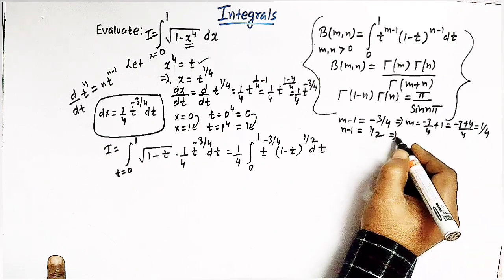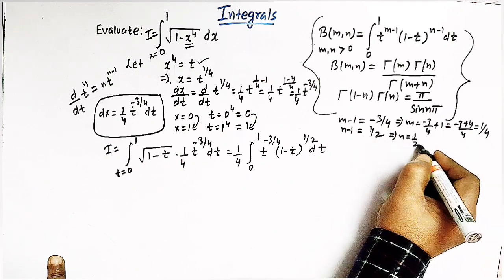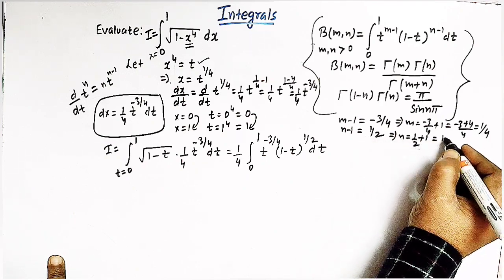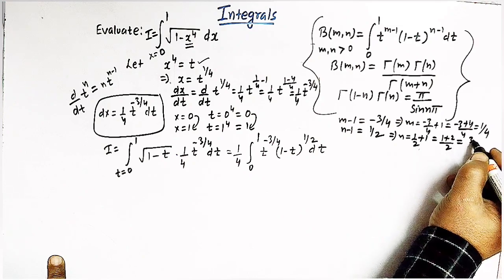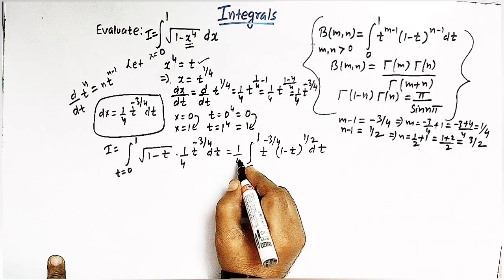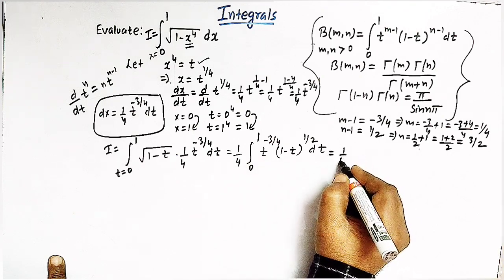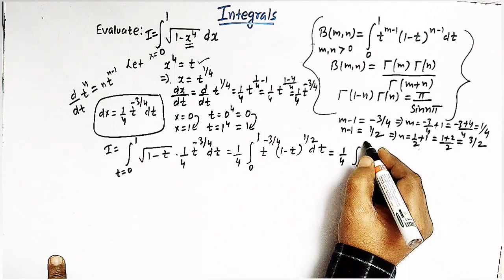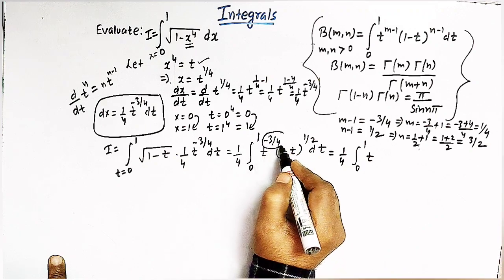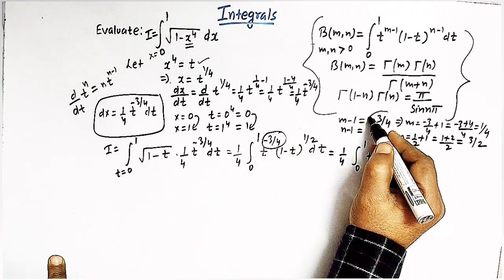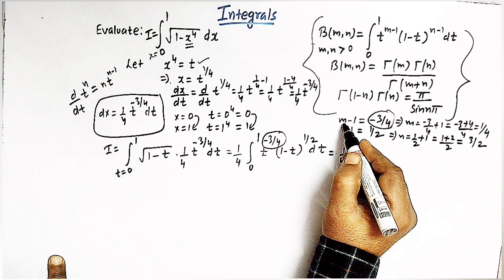From here we can write n is equal to half plus 1, that is 1 plus 2 over 2, that is 3 over 2, right? So now we can write 1 over 4, then we have 0 to 1, and t raised to minus 3 over 4, and here minus 3 over 4 is m minus 1.